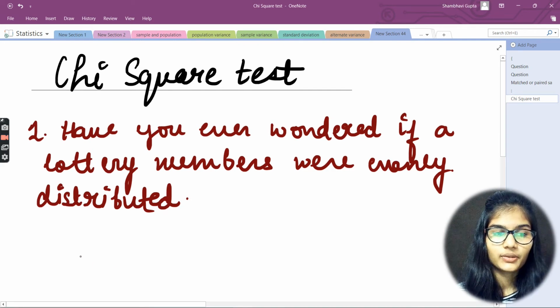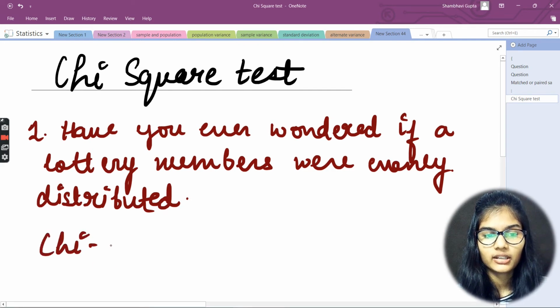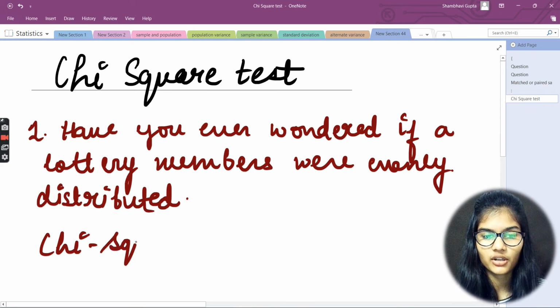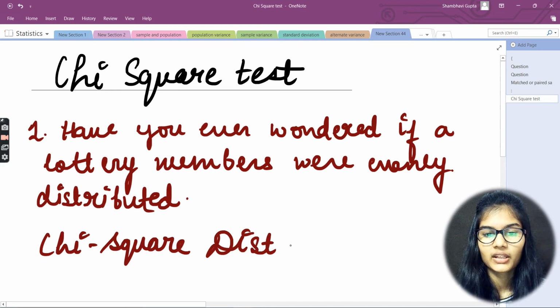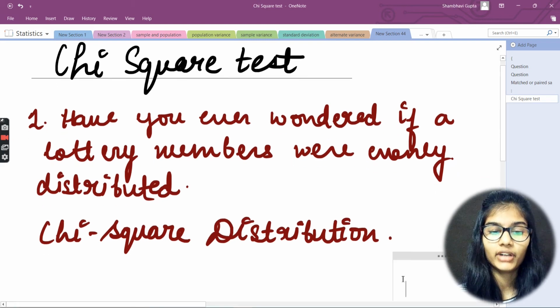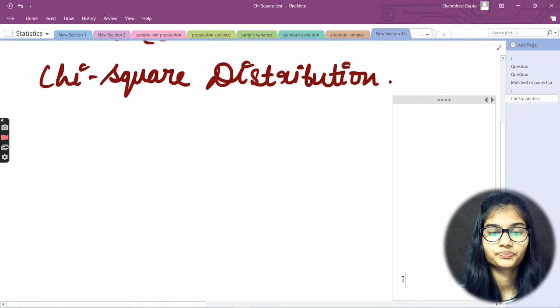So I would write that name here, distribution. Okay, here we missed a square, so I would add a square, and here goes the distribution. This is basically what the chi-square distribution is used for. Hope this is very clear.